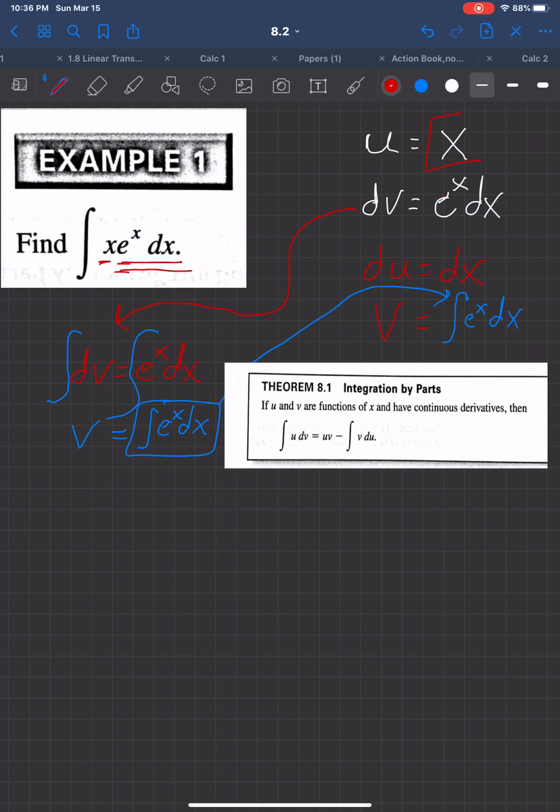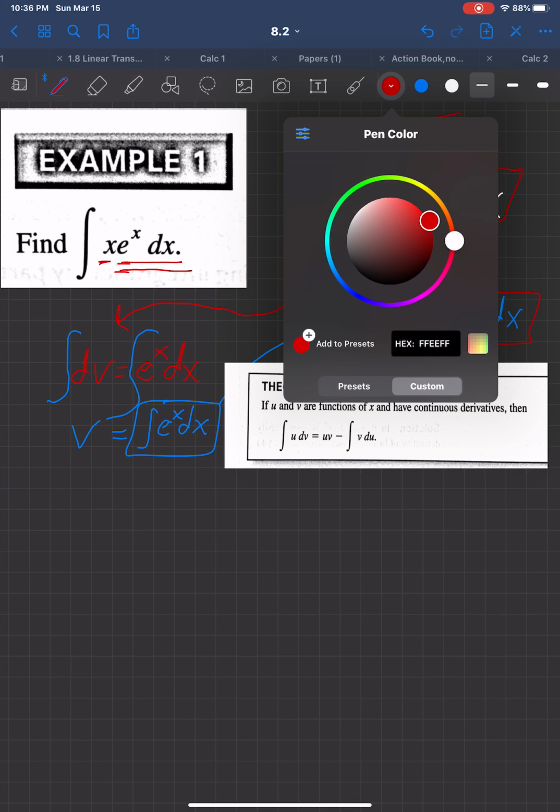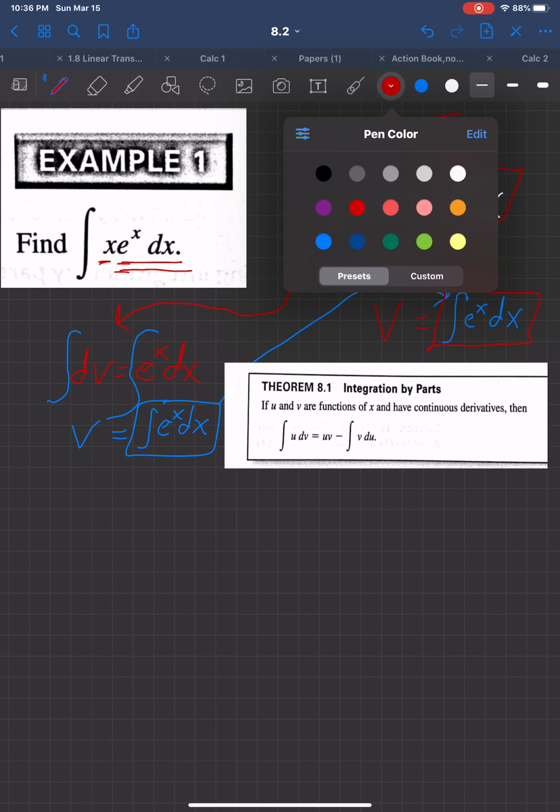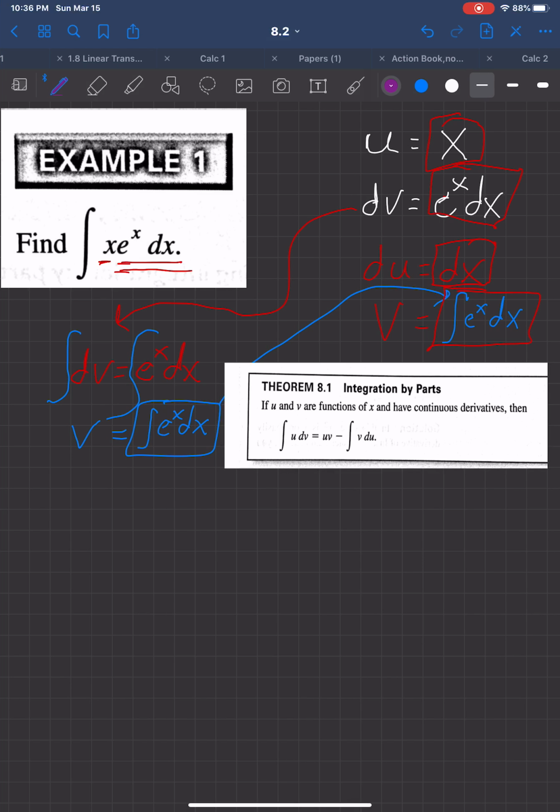So every single one of these parts that I'm boxing in here should be substituted. Okay, I'm going to draw you some arrows. I'm actually going to see if I can find a different color here. Let's do purple. Ready? All right, so v is going to go here. du here.